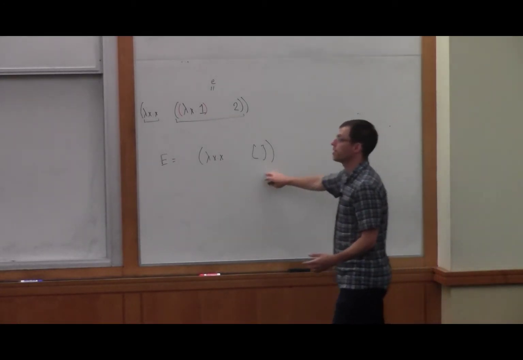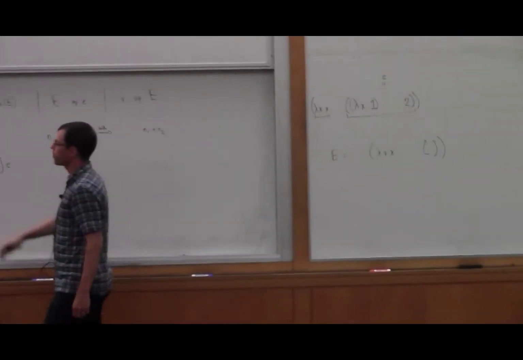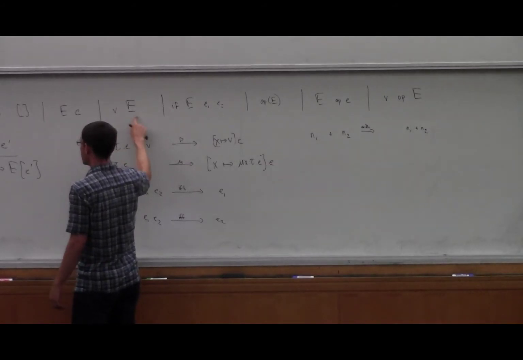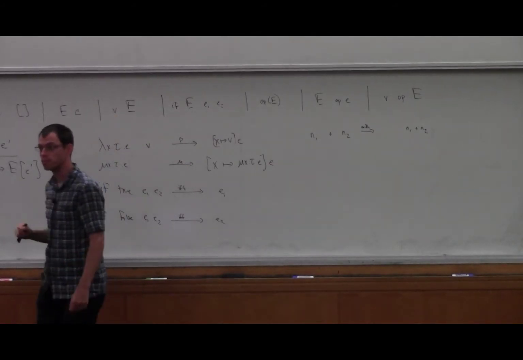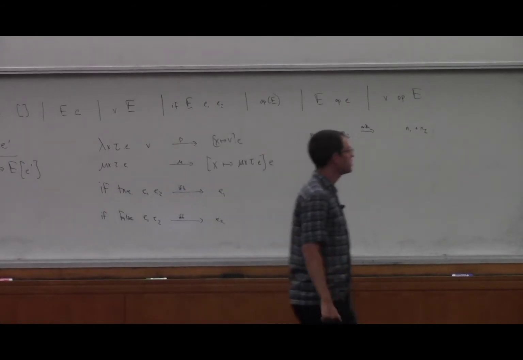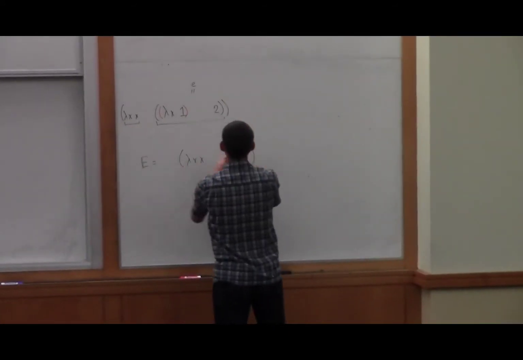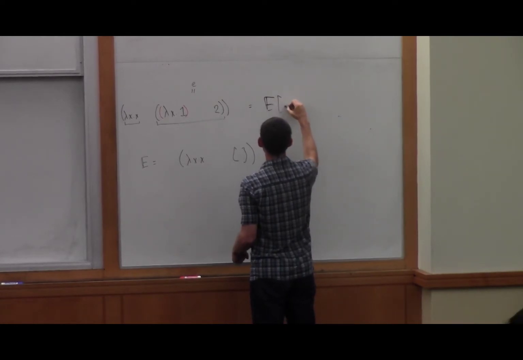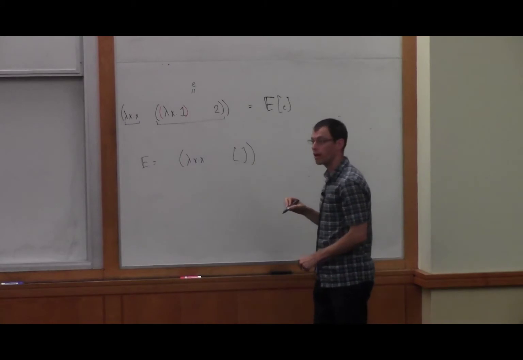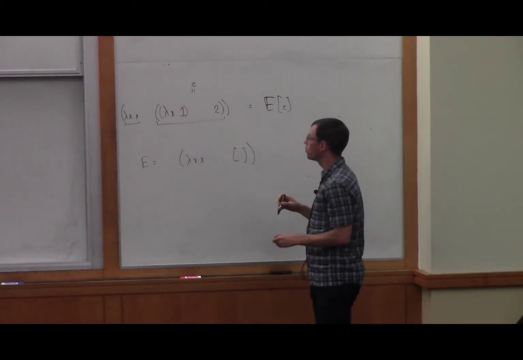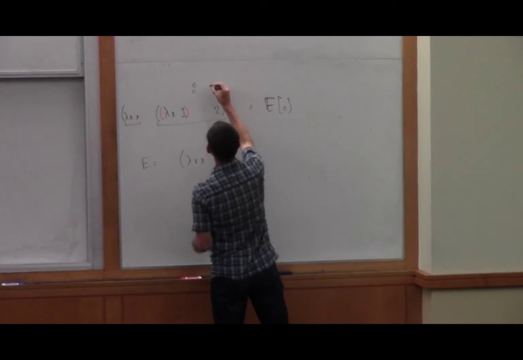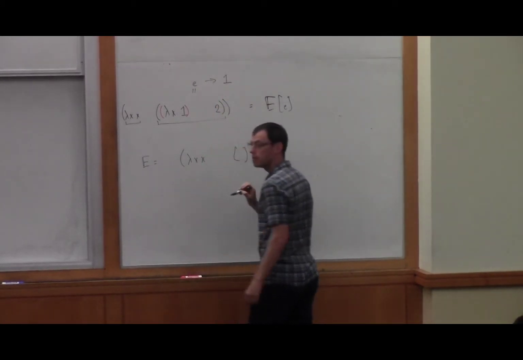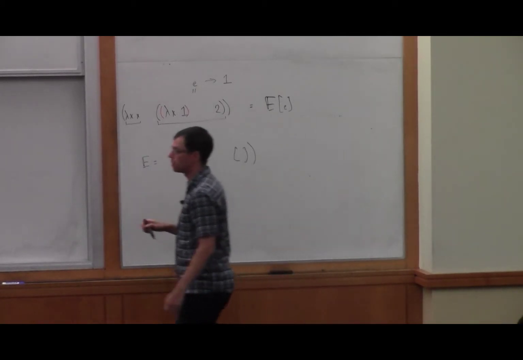And we'll see that this matches up with our grammar, because we've got v, the identity function, applied to e, and then e can be hole.